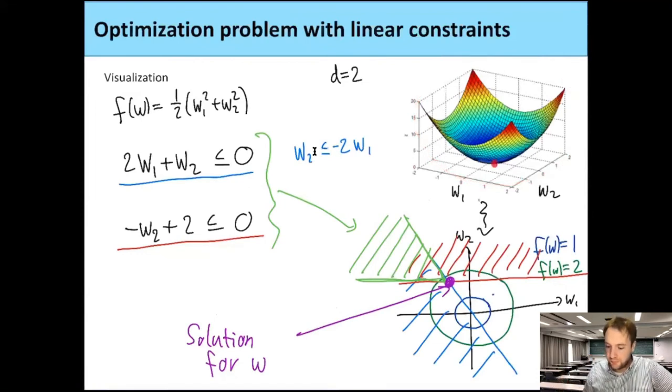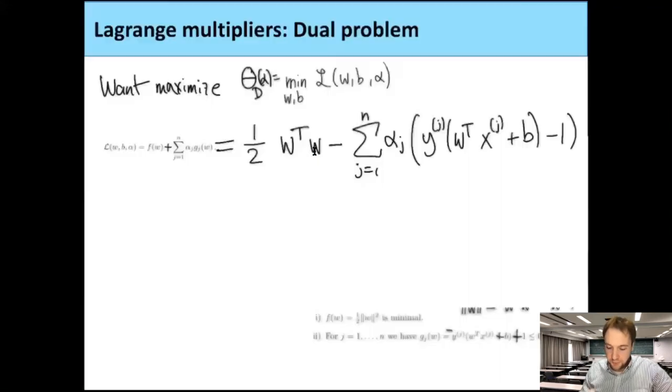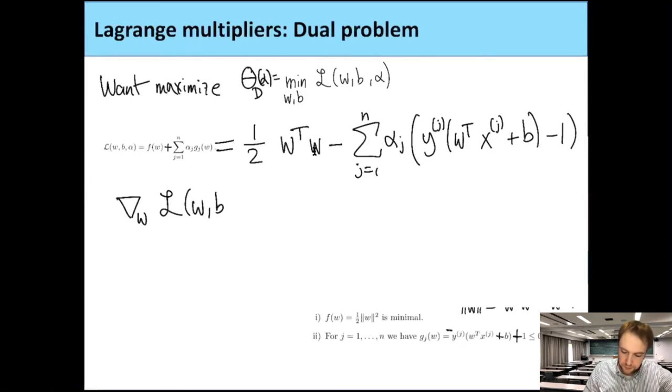So we really just want to find this point. What we can do for this is take the derivatives with respect to w and with respect to b. Because these are vectors, we take component-wise the derivatives of this function. So we take the gradient with respect to w of this, and then we want to set it to 0.